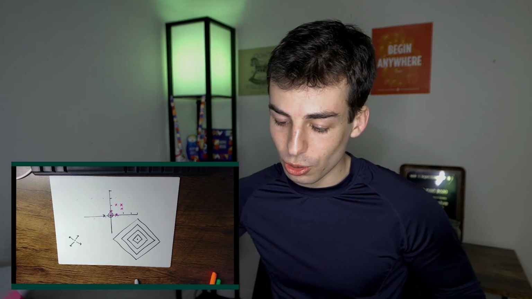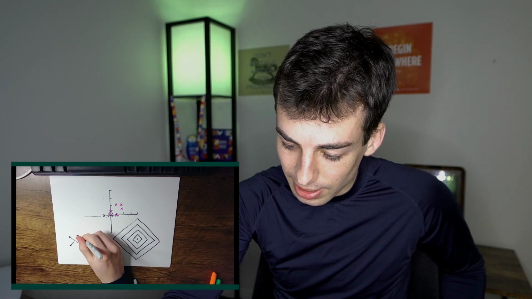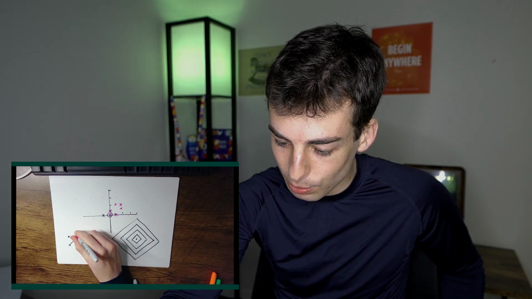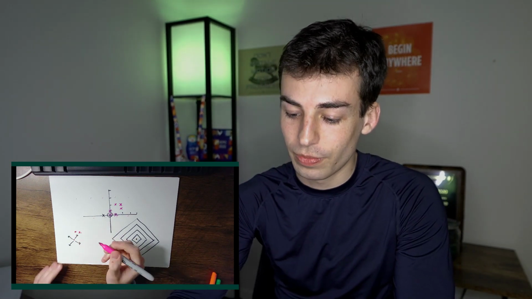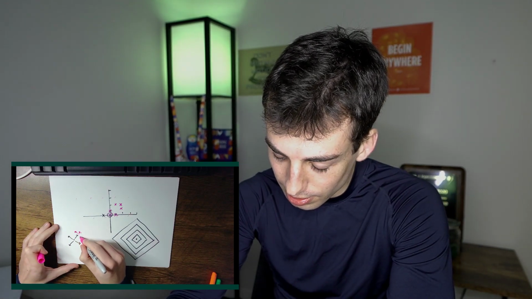So let's imagine the closest point to this point is, let's say, this point right here. So this is the closest point, and the diamond this fits in is this diamond here.